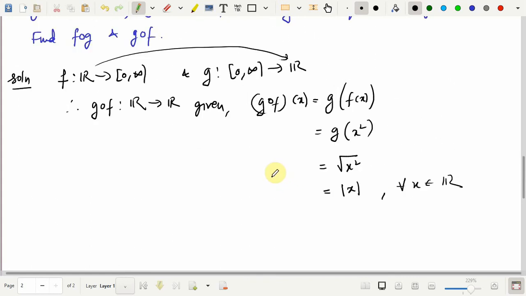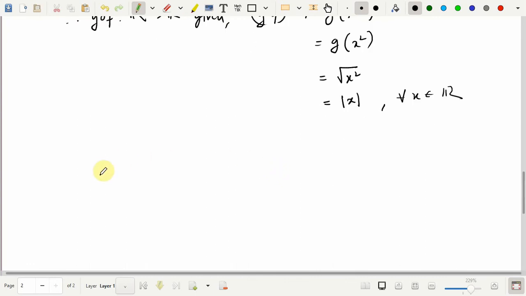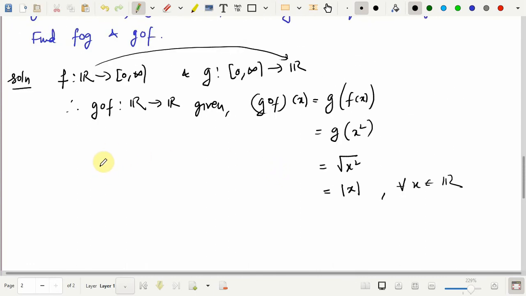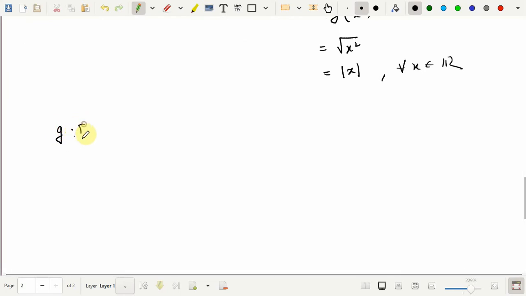Now let's try to evaluate f composite g, and for that, first we need to see whether we can define f composite g. So first I'll write down the domain of g. g is defined from 0 comma infinity to R, and f is defined from R to 0 comma infinity.